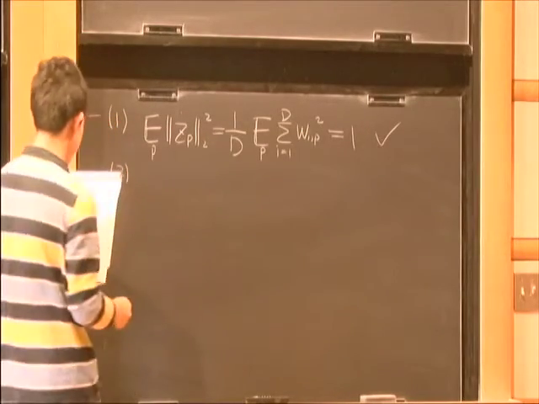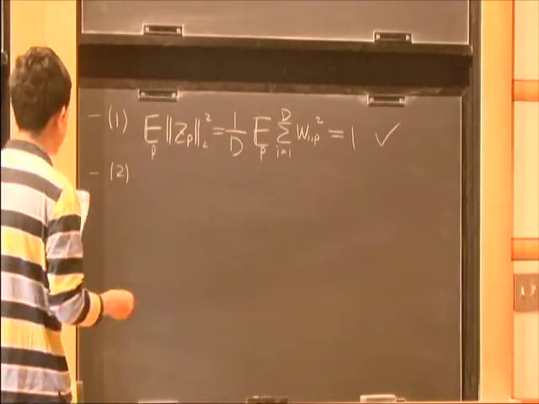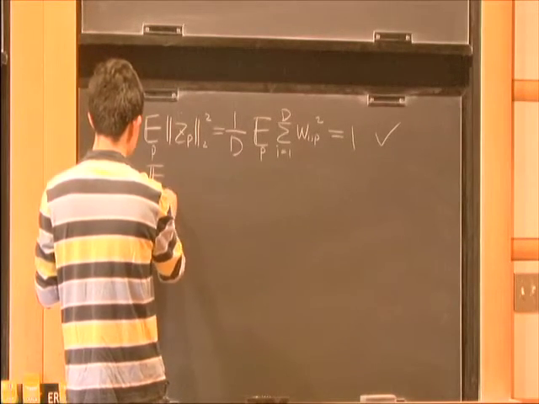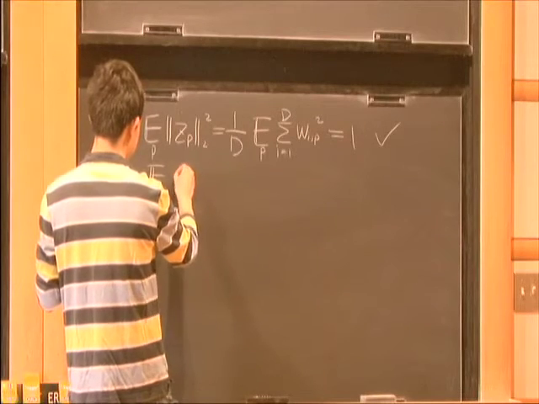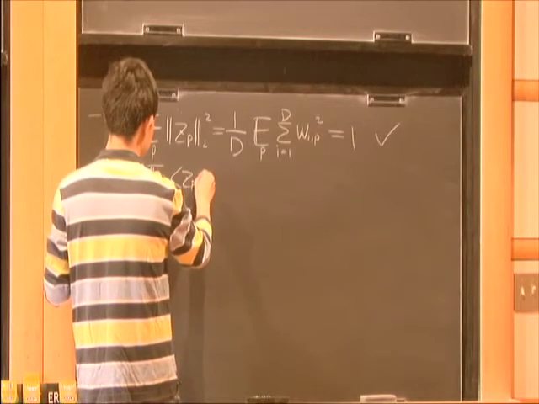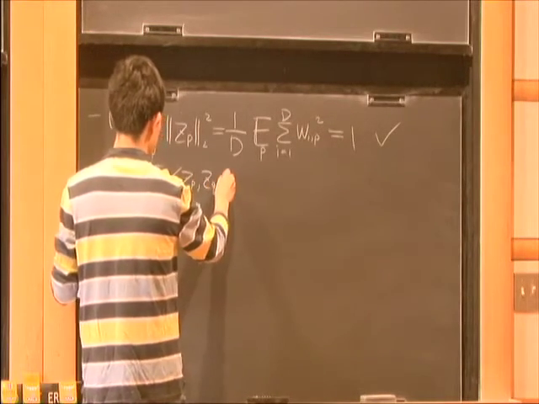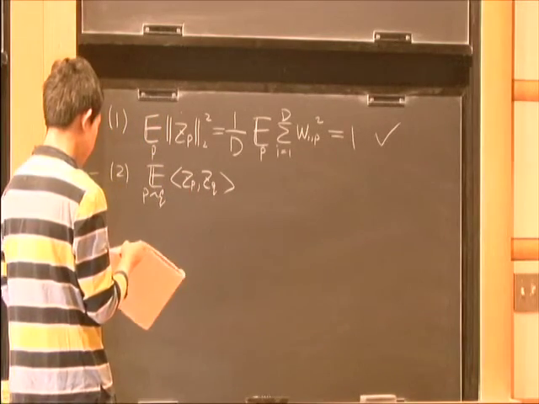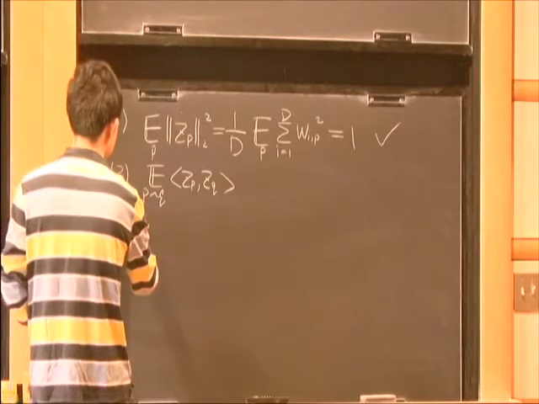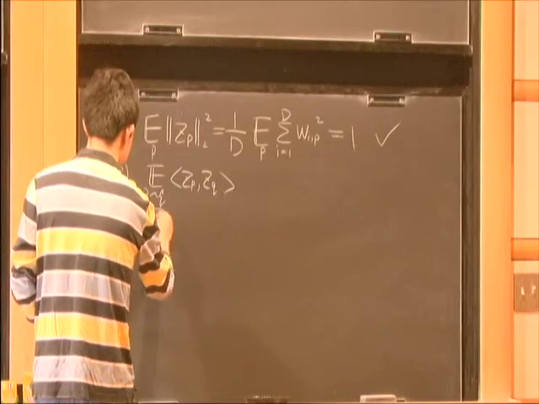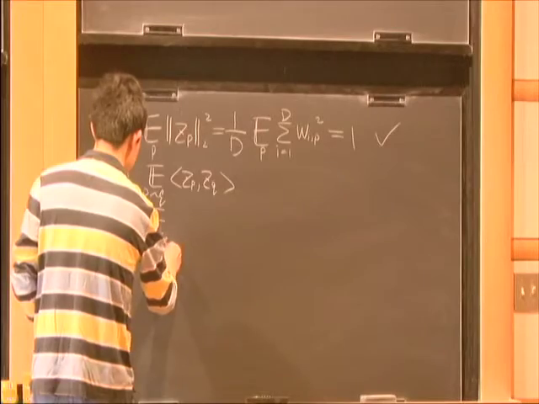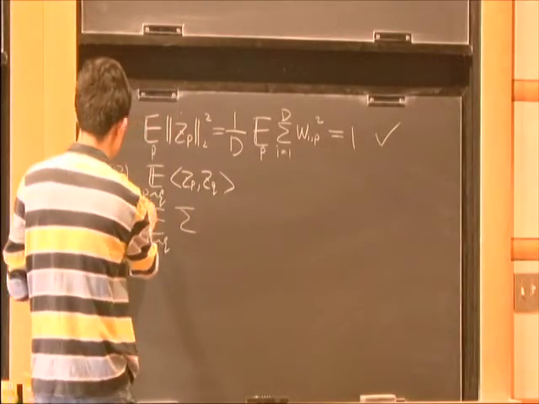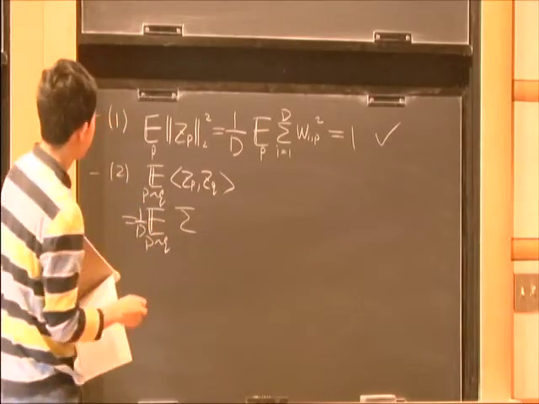Then you look at equation 2. Equation 2 is just the expectation over an edge (P, Q) of the inner product. Of course, you expand this inner product by a sum, and still you have the 1 over D normalization factor.